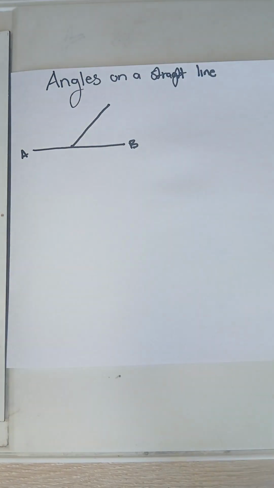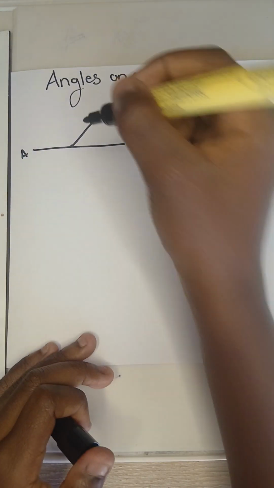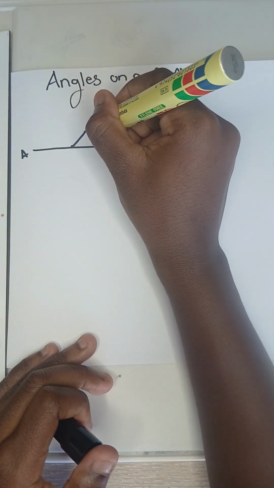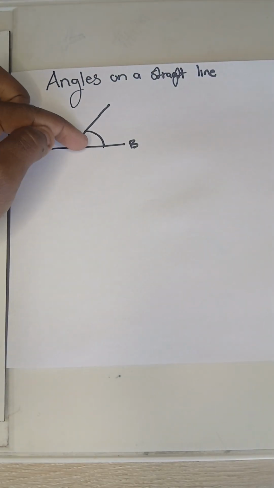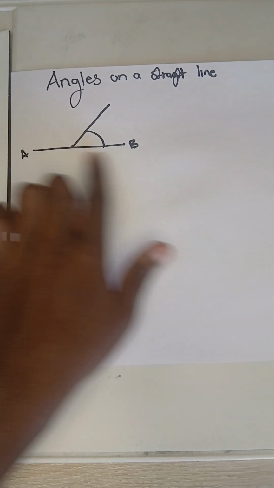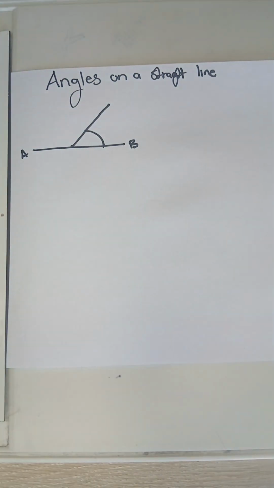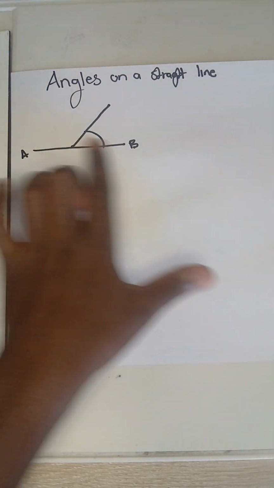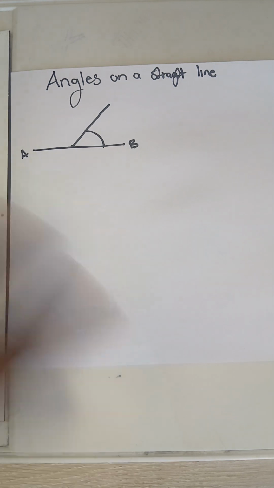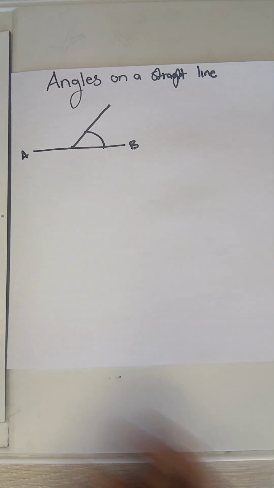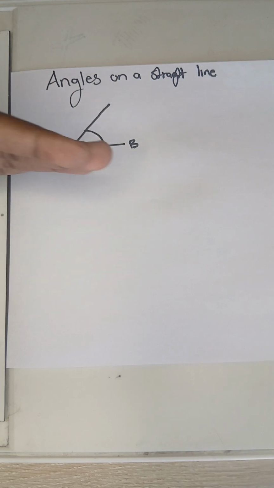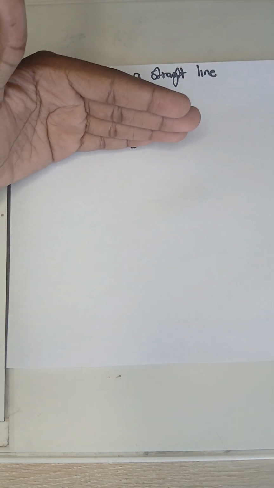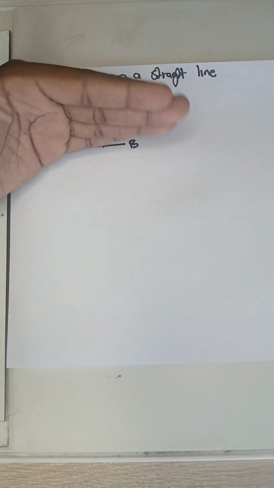If you find a line like this, when we say an angle, we mean this space from the surface here, let's say the surface of the earth. From the surface to where this line is, it's opening like this.